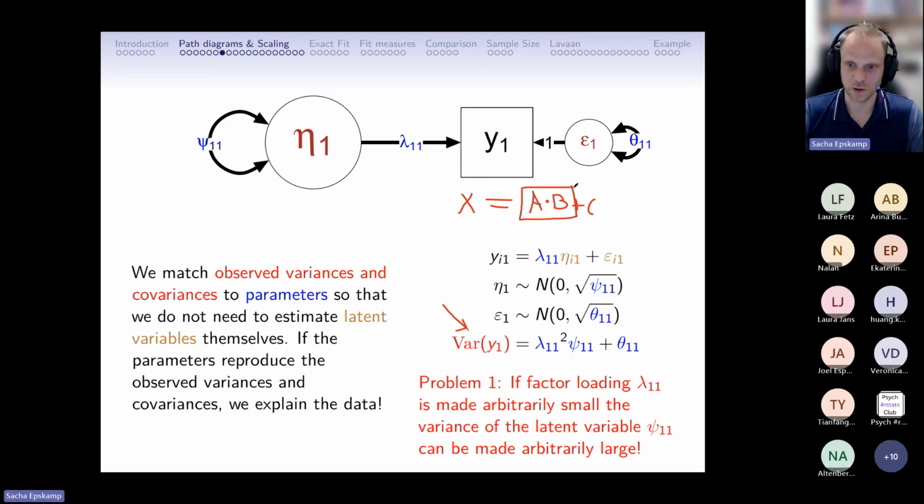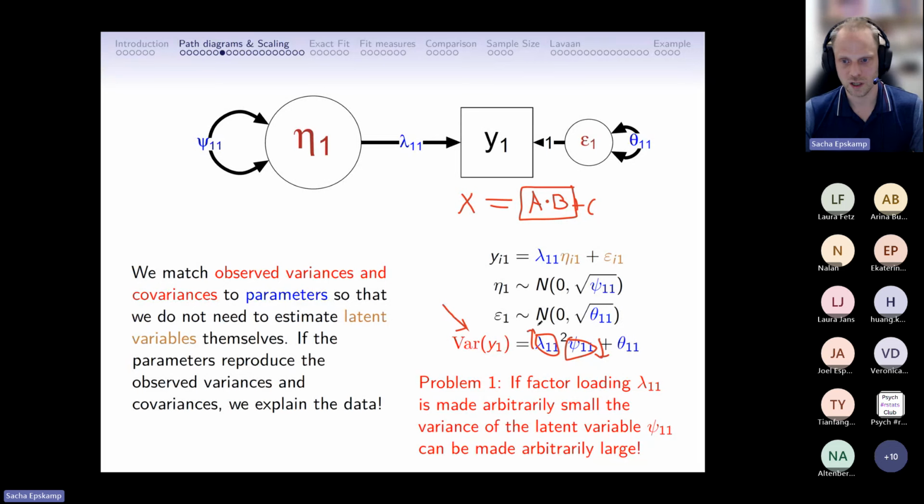But the main problem also is here, right? So we have a vector loading times, or vector loading squared, but that doesn't really matter that much, times the vector variance. These things can cancel each other out. That means that I can make my vector loading arbitrarily big and just make my vector variance smaller to get the same product, right?